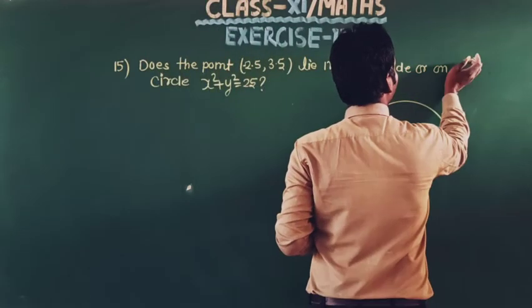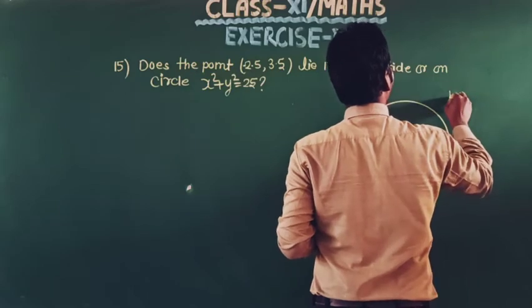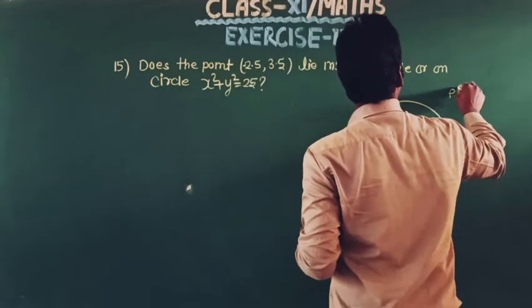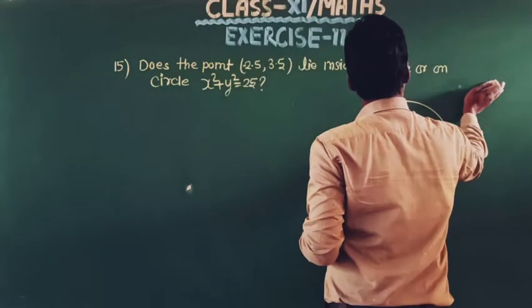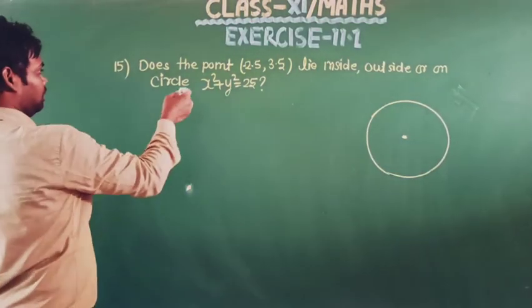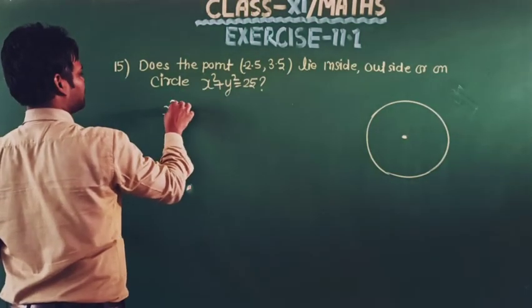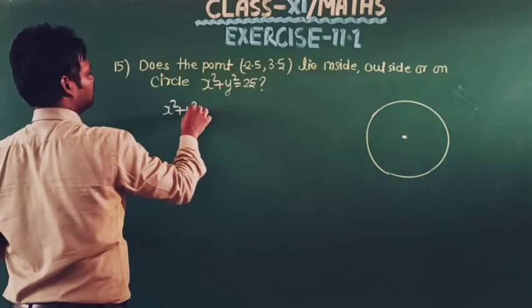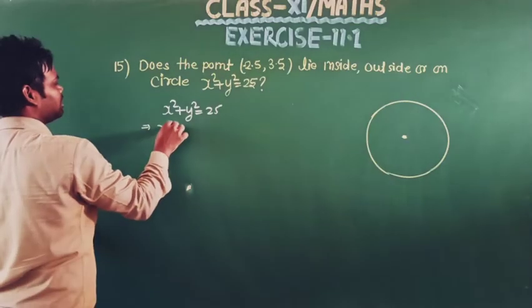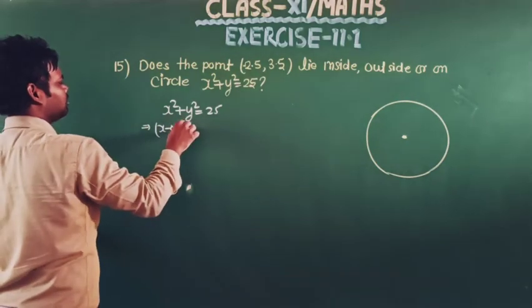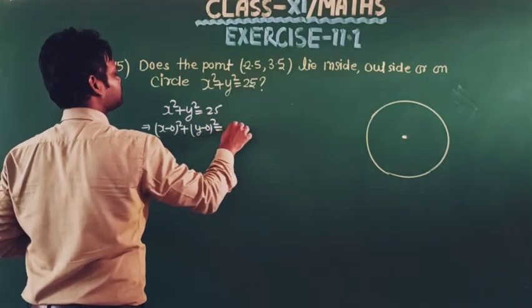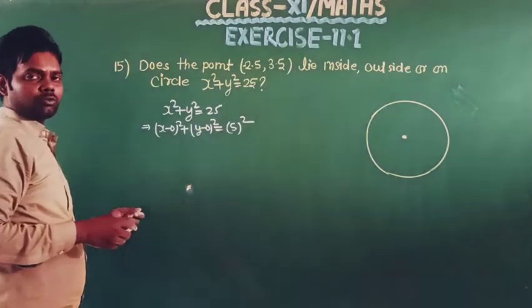Suppose this is a point P. The equation of the circle is x square plus y square equal to 25, and this can be written as (x minus 0) whole square plus (y minus 0) whole square equal to 5 square.